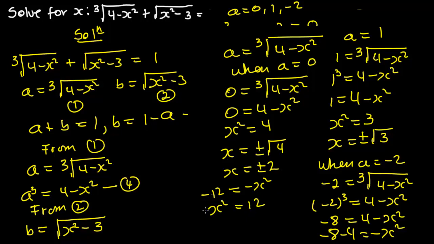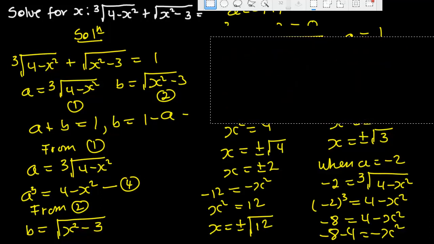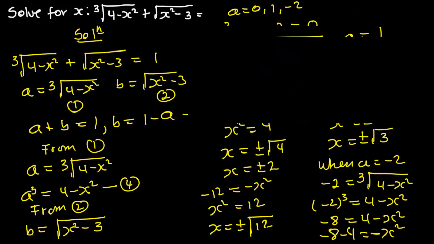Now from here, to be able to get rid of this squared over here, we are going to take the square root of both sides, which are going to have x to be equal to plus or minus the square root of 12. Now from here, let us break the square root of 12 down. We are not going to leave it here. So let me clean this. So when we consider 12, we can rewrite 12 as 4 times 3.